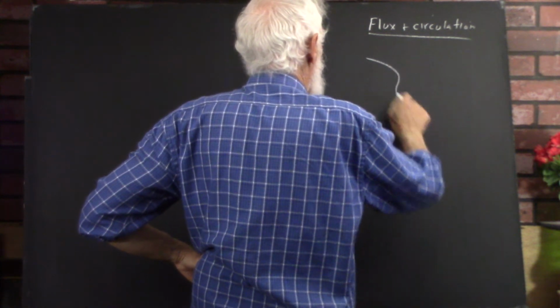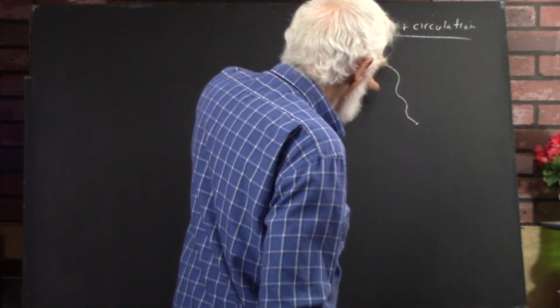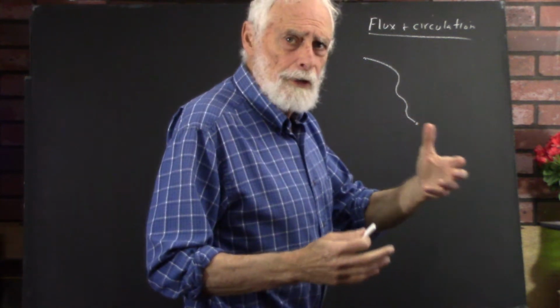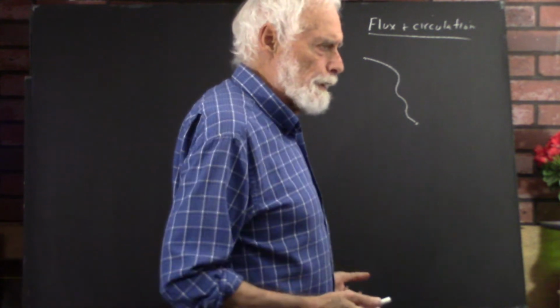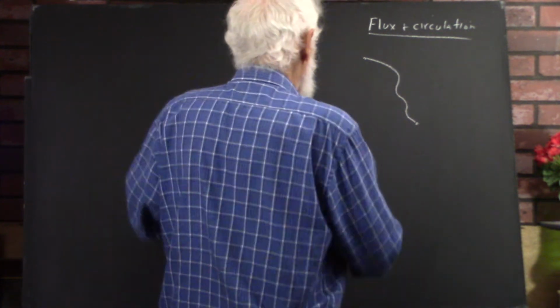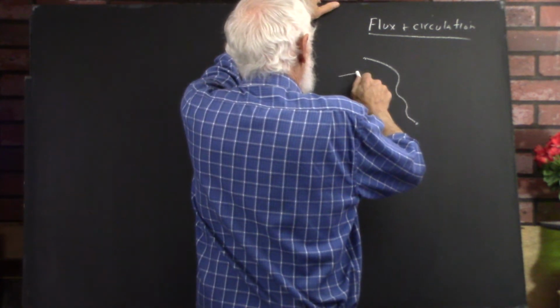Okay, so here's a curve. And for some reason, you've got some kind of field. The easiest thing to understand is probably a fluid flowing. You can also understand this as an electromagnetic field, a force field, a stress field, whatever. But you've got some field here.